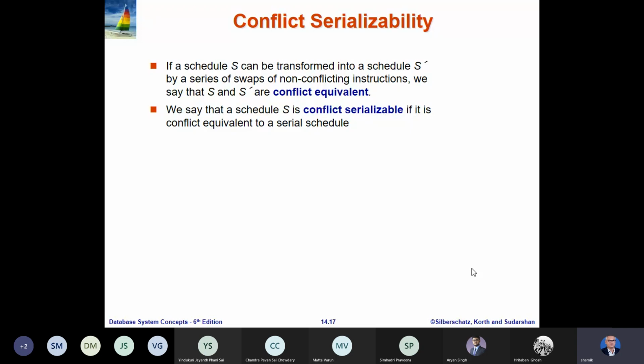So it is not necessarily true that two serial schedules made up of the same set of transactions will be conflict equivalent to each other. That need not happen, as we have seen before. Depending on which one comes first, which one comes next, we can have different final states of the database. So they are not conflict equivalent, but each of them trivially is conflict serializable because they are serial schedules in the first place.